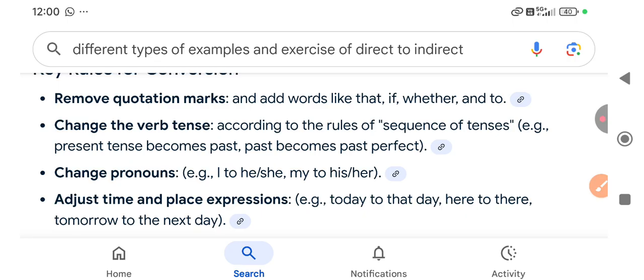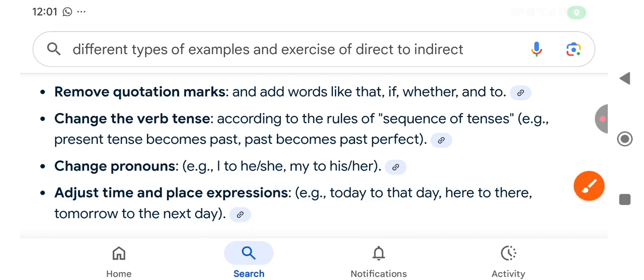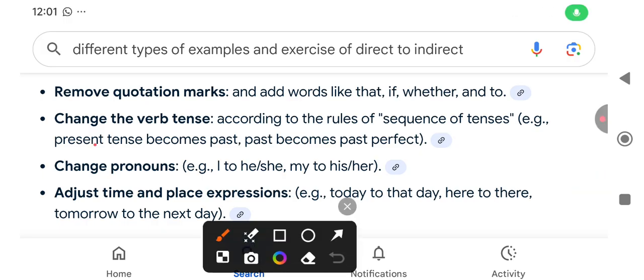Now number 2, change the verb tense. Change the form of the verb according to the rules of sequence of tenses. Example, present tense becomes past and past becomes past perfect. Simple. Present becomes past, past becomes past perfect.